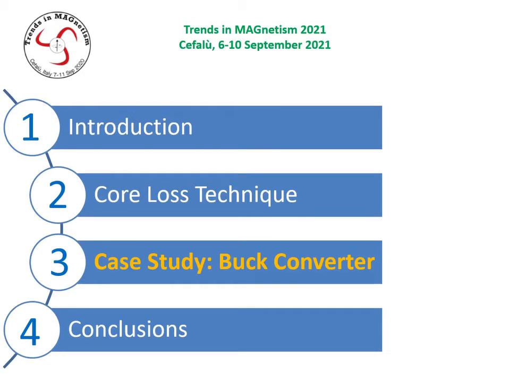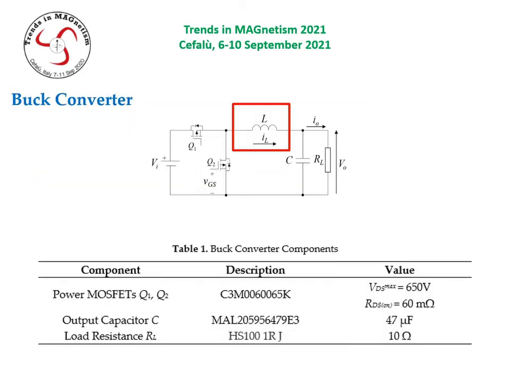So this is the case study of these three different core loss estimation techniques. We in particular analyze a buck converter, in particular the inductor as shown in the figure. And of course, we also perform some experimental tests, where the main characteristics of the components of the buck converter are shown in the table.